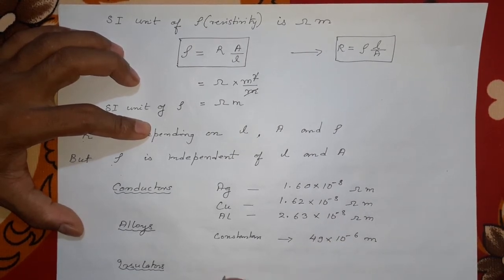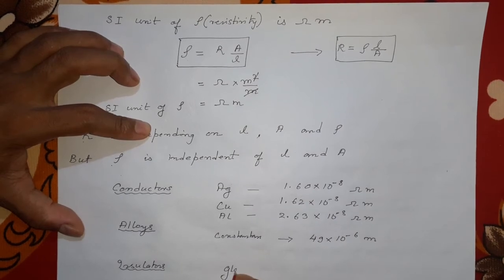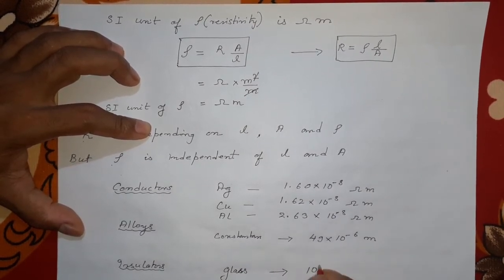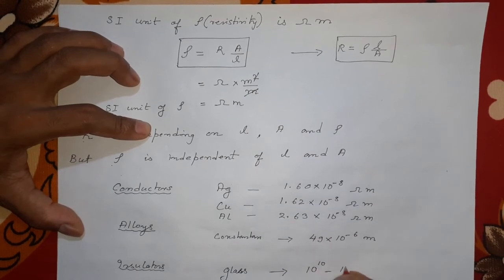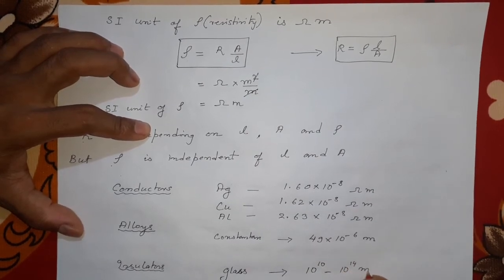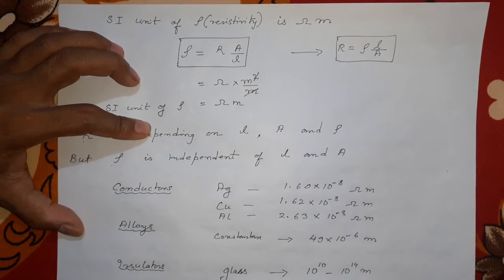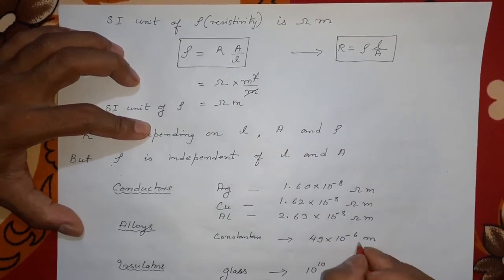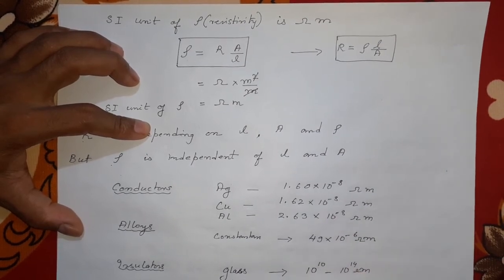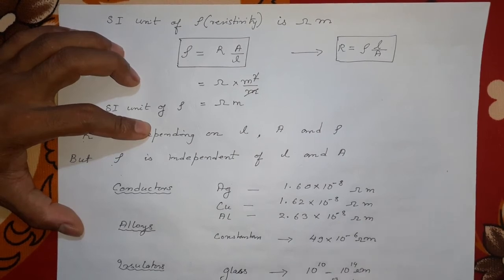Okay, now look at the insulators, popular insulators which do not conduct electricity. Glass is 10 to the power 10 to 10 to the power 14. See, these are all very very high. Hard rubber: what is the resistivity? In ohm meter, hard rubber is 10 to the power 13 to 10 to the power 16.